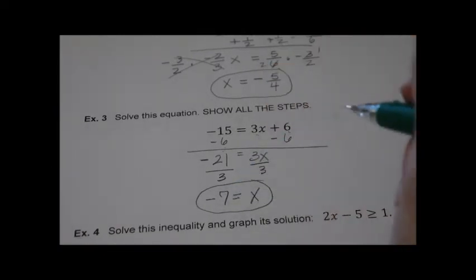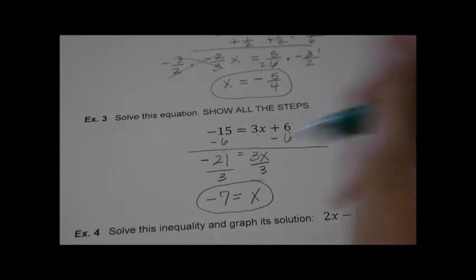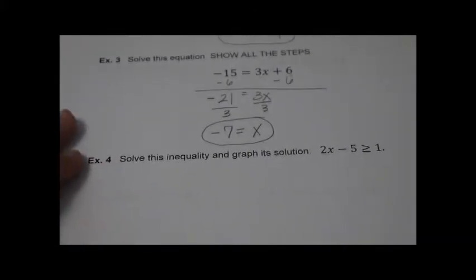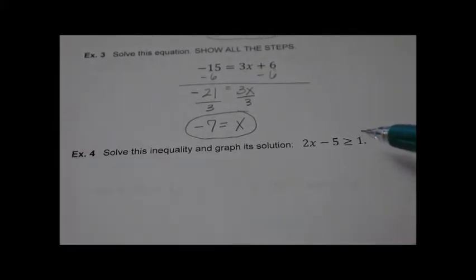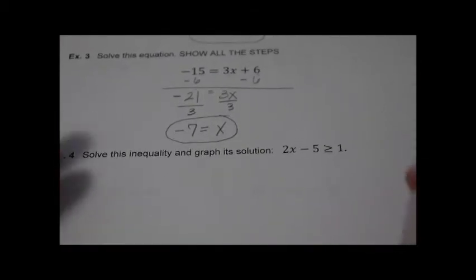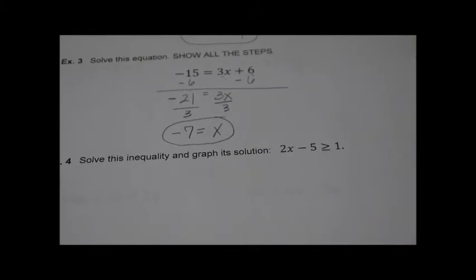Now we're talking about inequalities, okay? However, they are solved almost the exact same way as when we solve equations, okay? An inequality has almost the exact same rules, and I think we're going to only use the exact same rules today, and we'll talk about the exception later.